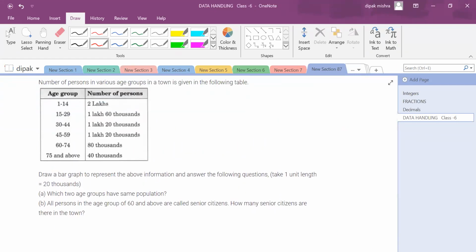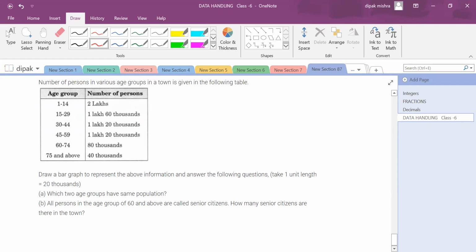Number of persons in various age groups is given. Now you have to interpret the graph. Look at the question. So 1 to 14 is 2 lakhs, 15 to 29 is 1,60,000, 30 to 44 is 1,20,000, 45 to 59 is 1,20,000, something like this and above.